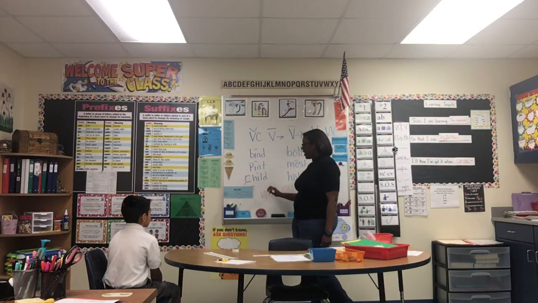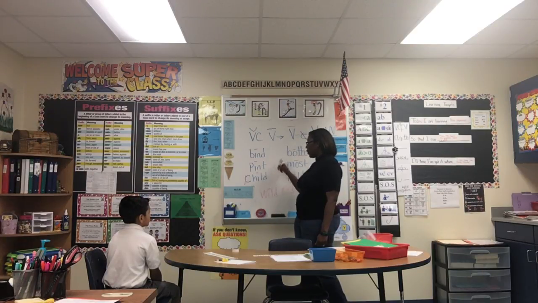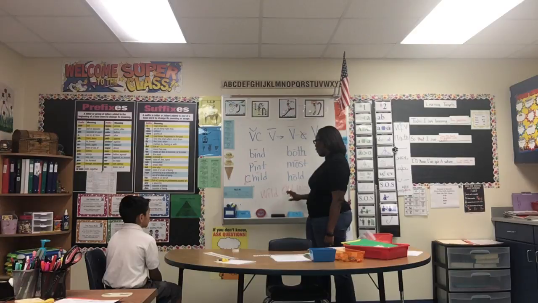And look at this one. If I coded the word wild, it doesn't sound normal. Wild is one of those wild old words too, because it's a one-vowel, one-syllable word, and it's followed by two consonants. So that vowel has to be long. Wild, old.